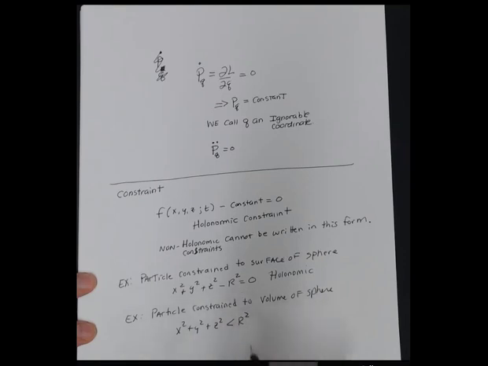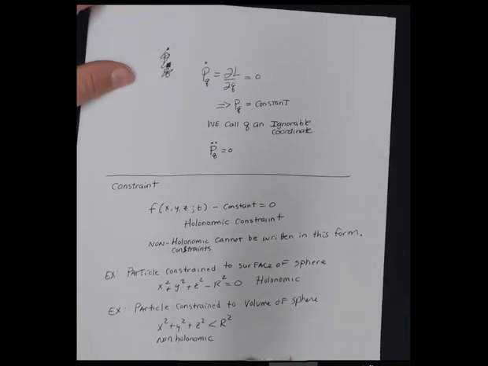We cannot write this like that. So this is a non-holonomic constraint. And we'll talk about holonomic and non-holonomic constraints some more in a little bit.